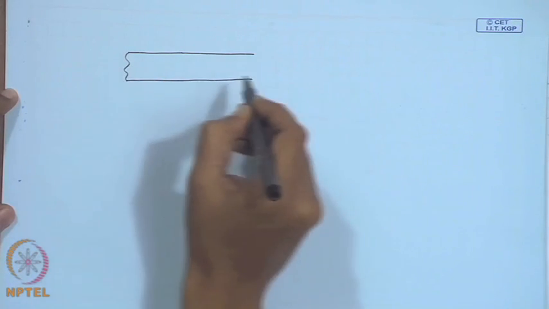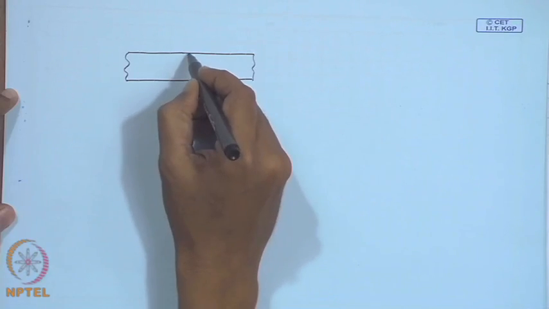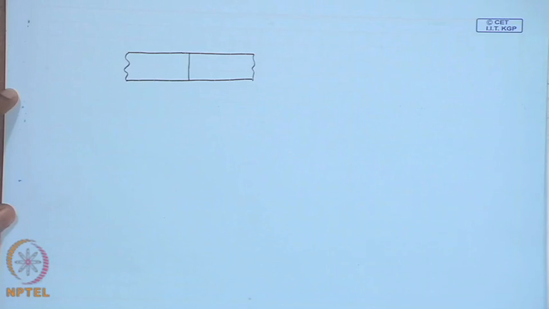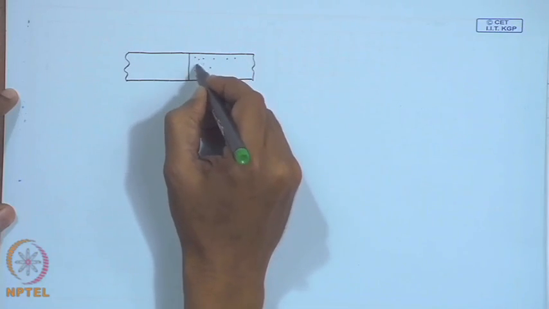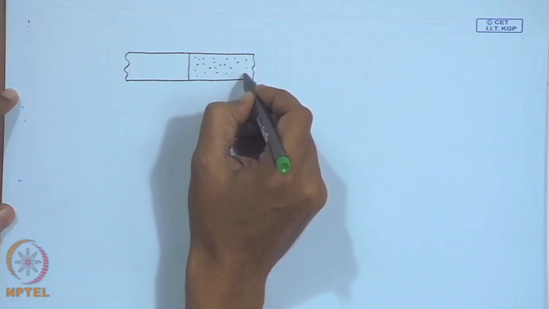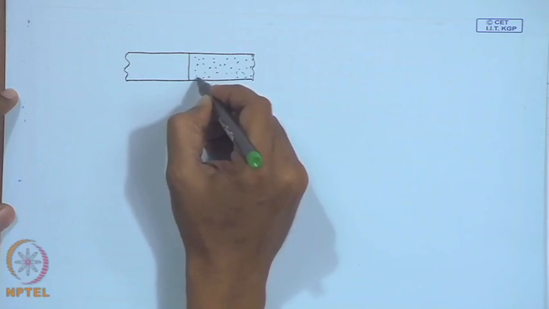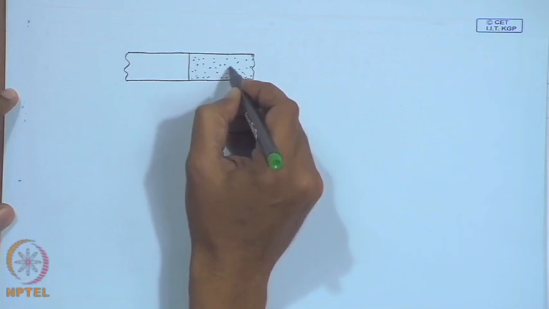uniform bar which is made up of two materials.